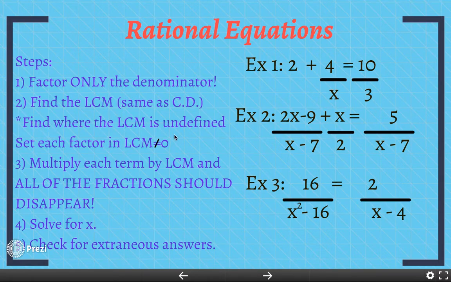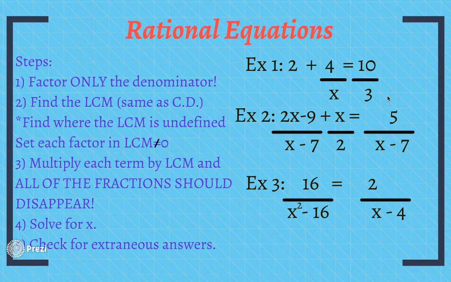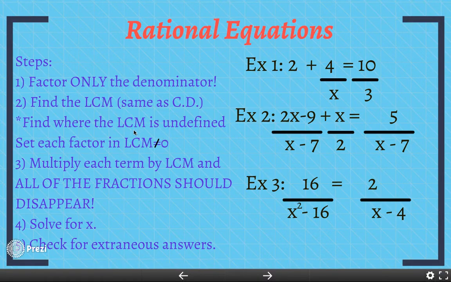But anyways, like we do with our common denominators, we're going to find where the LCM is undefined, which is going to be really important in this unit because we are solving for x. We're actually going to get a value for x, unlike when we solved with our expressions in the previous sections. So we have to make sure that our denominator never equals 0 or our kitten will die.